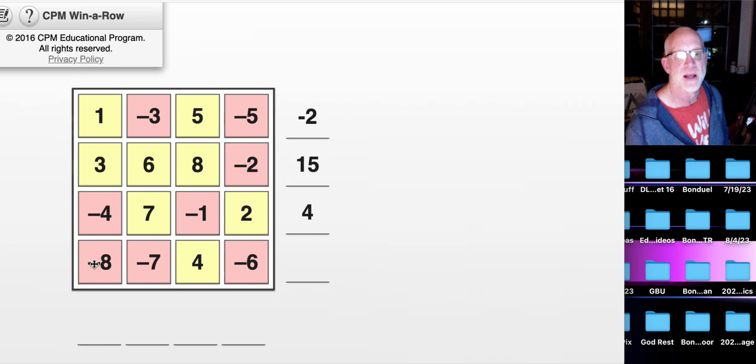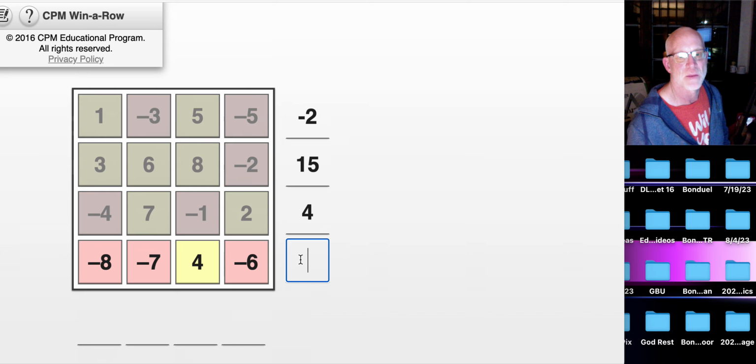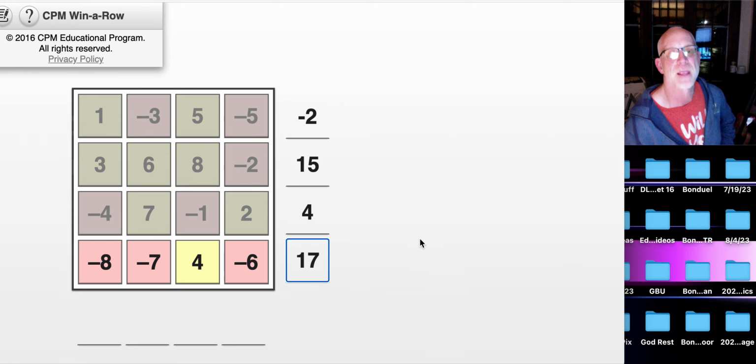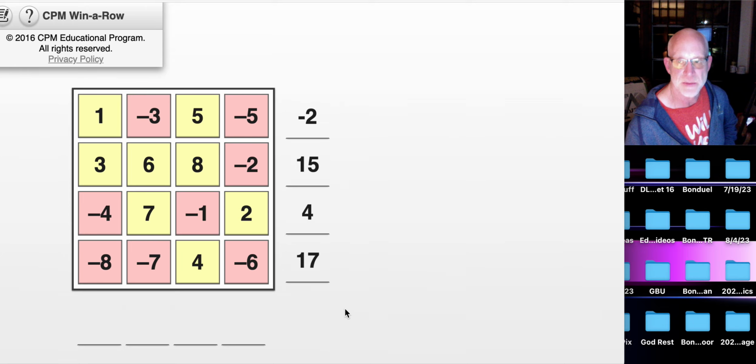And over here we've got 8, subtract 7 is 15, subtract 6 more is -21, plus 4 is 17, so that's a yellow win. Okay? Then we do the same with the columns, and then we determine who's the winner of that round.